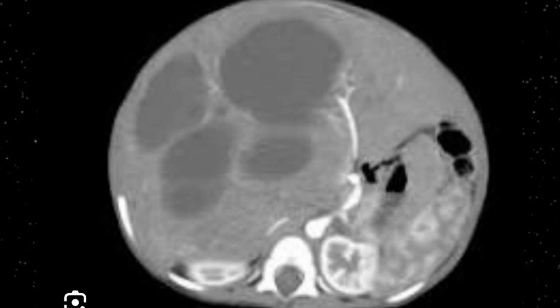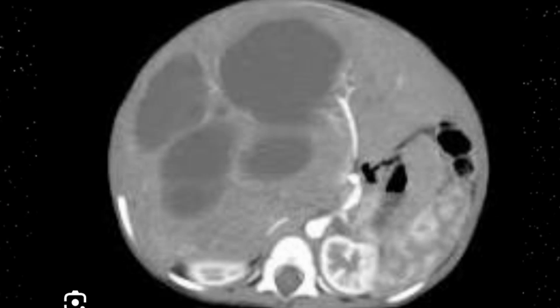There are significant cystic areas which appear hypodense. So hypodensity and hyperdensity are clearly visible on the CT image. This is a classic example of mesenchymal hematoma on contrast enhanced CT.